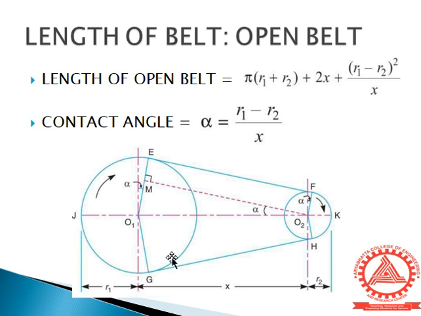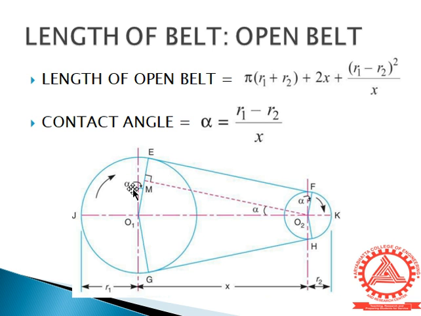The length of belt which is required to connect both of these is known as the length of belt. In this case, we will consider the length of belt connecting two pulleys. For this, we will discuss some terminologies.